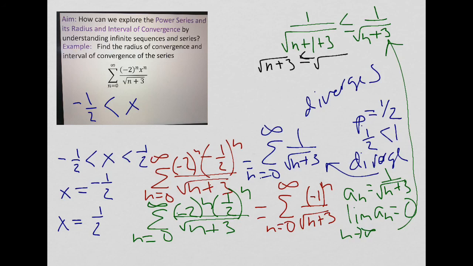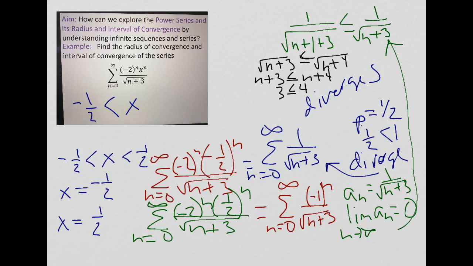That's a less than or equal to. Square both sides. This makes sense. Subtract n on both sides. 3 is less than or equal to 4. So by the alternating series test, this was convergent.